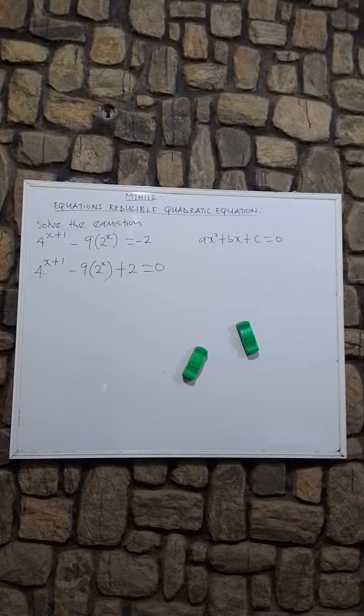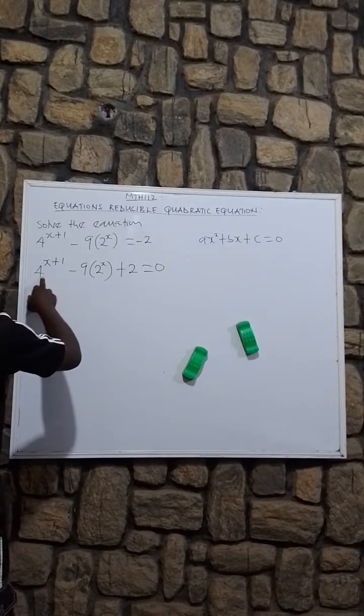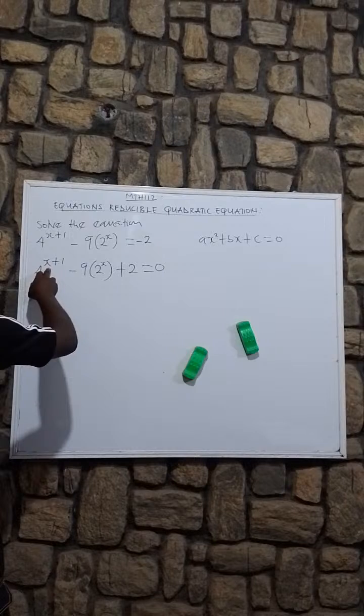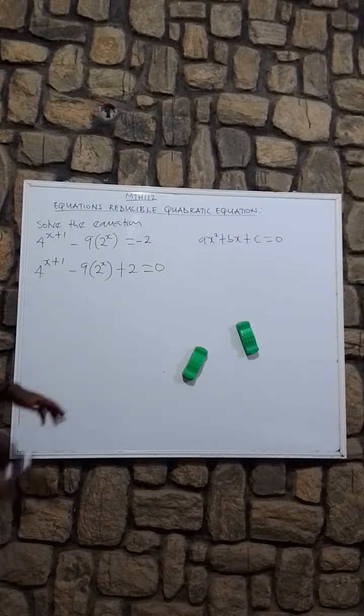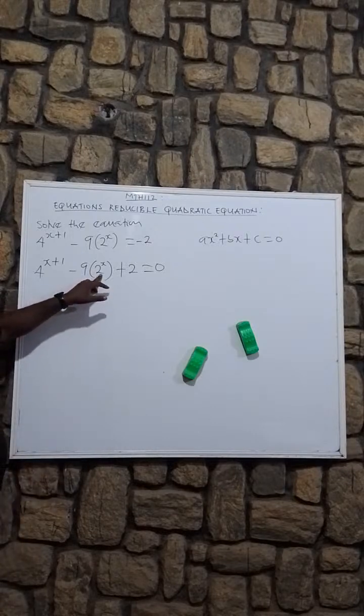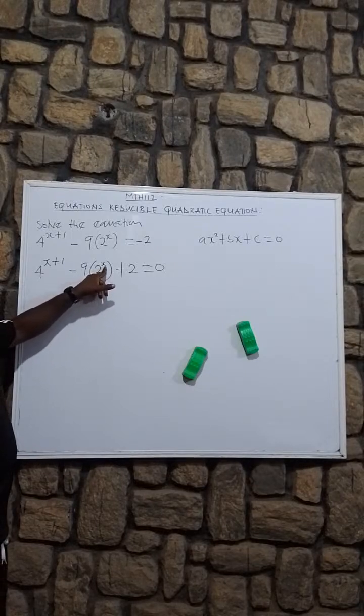Okay. So as you can see now, look at here, we have 4 raised to the power of x plus 1. But here, the least base is 2. And 2 is raised to the power of what? x, right?